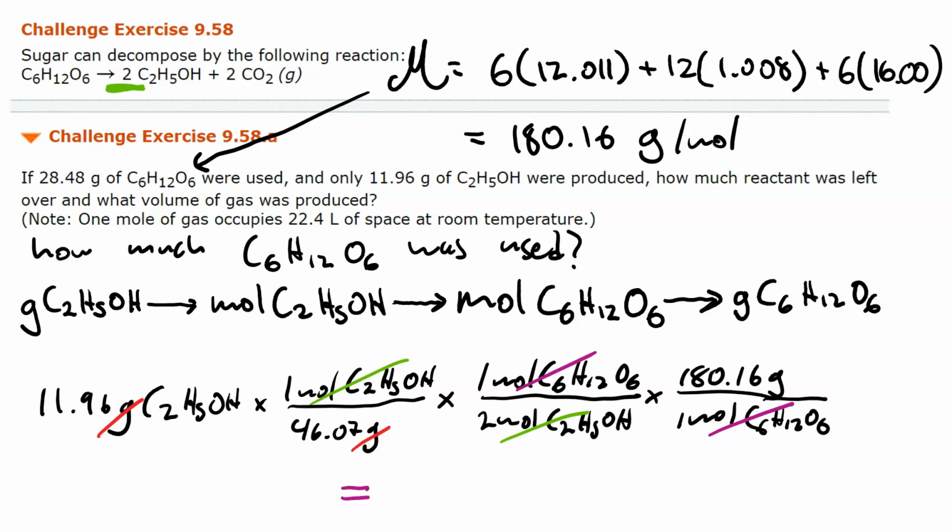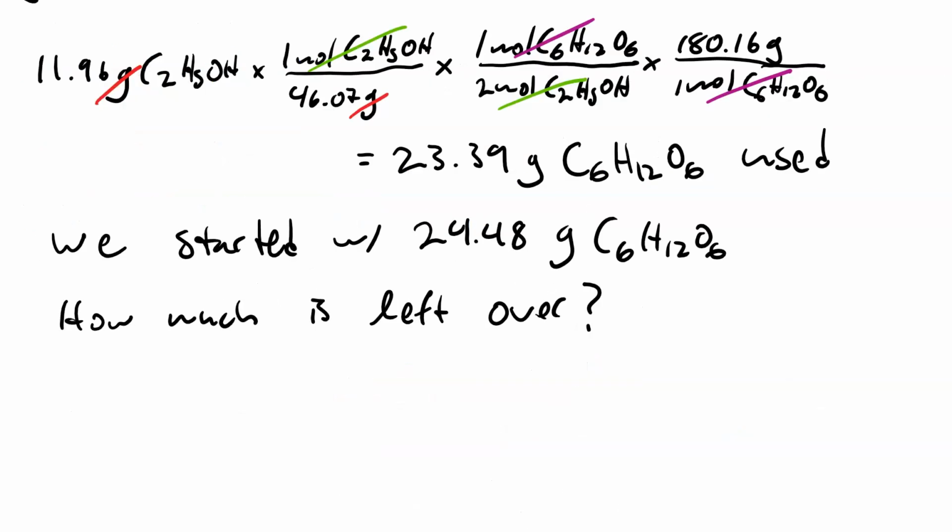Plugging this all into my calculator, I get that we consumed 23.39 grams of C6H12O6. The question states that we started out with 24.48 grams of C6H12O6. So how much is left over?